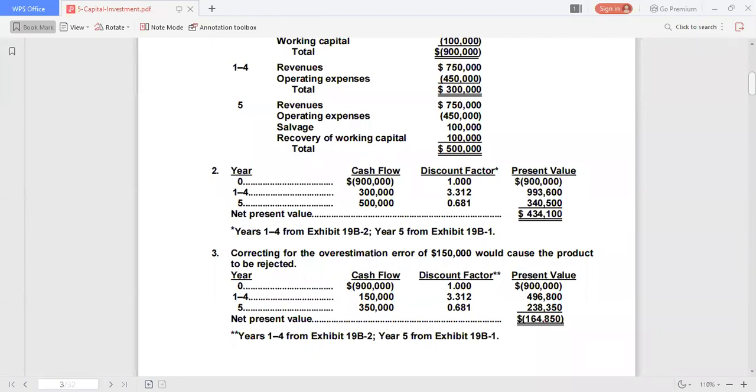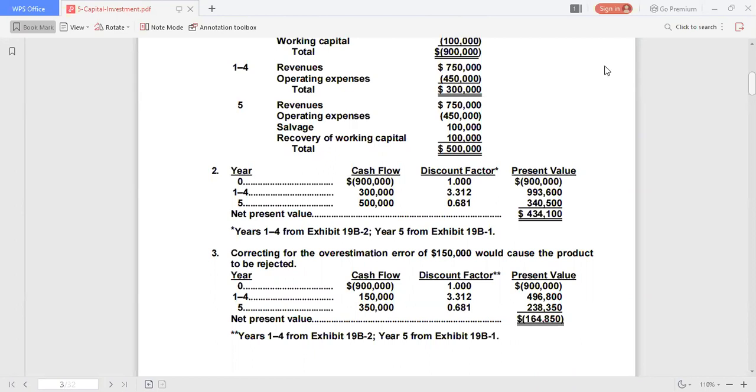That's the present value of 1 in arrears for a period of 4 years, giving a present value of 993,600. And finally, on year 5, the cash flow as computed above is 500,000, and the discount factor is 0.681. That's the present value of 1 at the end of the 5th year, with the rate of return here at 8%.